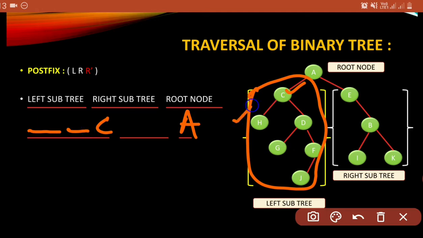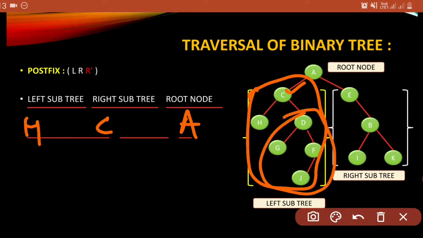But see, the left subtree contains H and the right subtree contains 4 nodes. That's why what do I have to write? Here I have to write only H. And the right subtree contains 4 nodes. Means left, right, root.